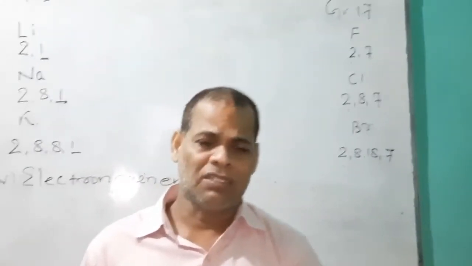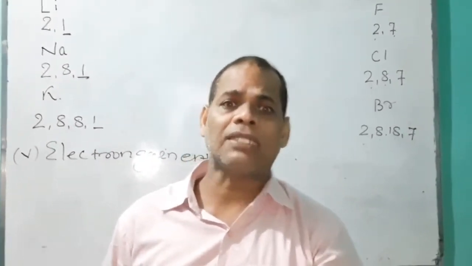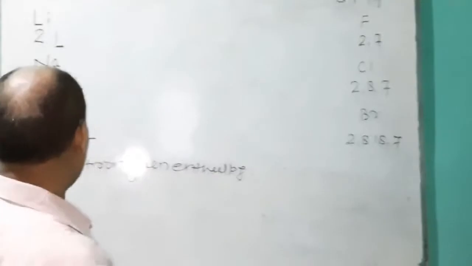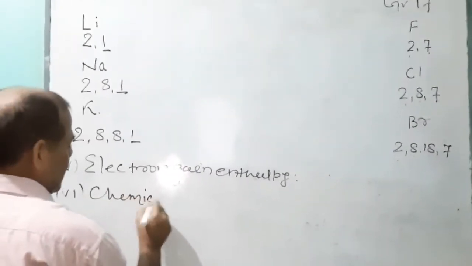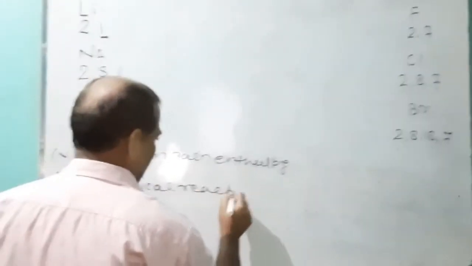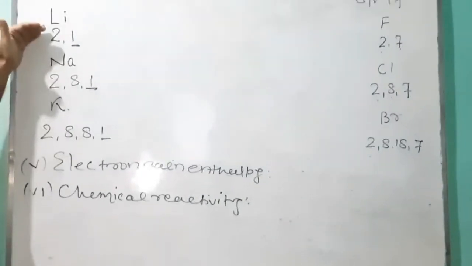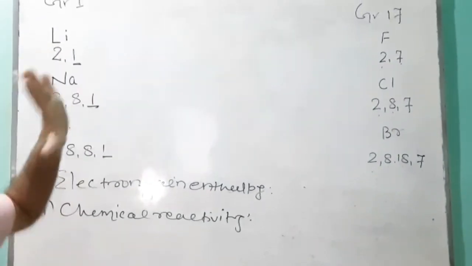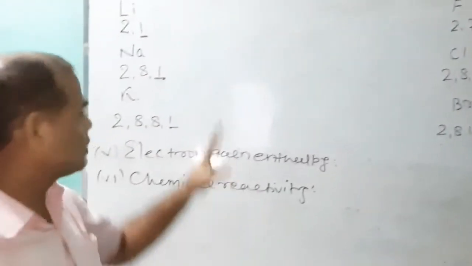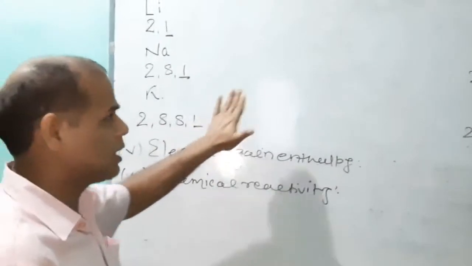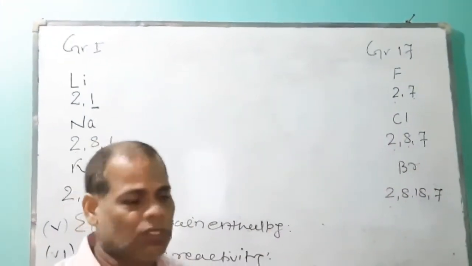Now next, chemical reactivity. When we talk about chemical reactivity, it means ionization enthalpy in the case of metals and electron gain enthalpy in the case of non-metals.